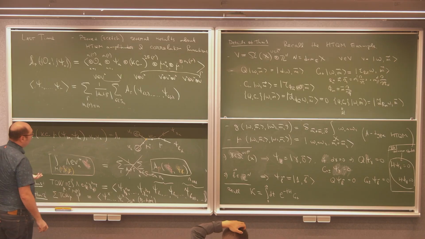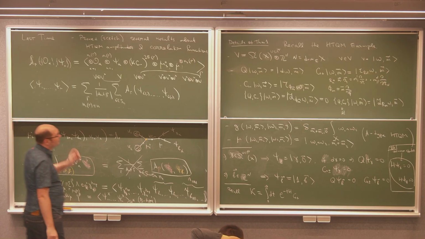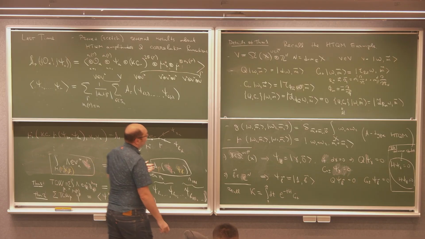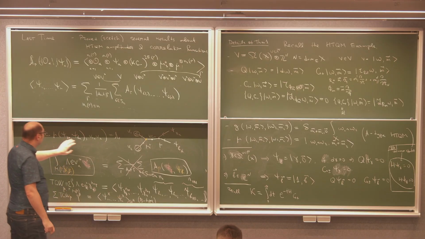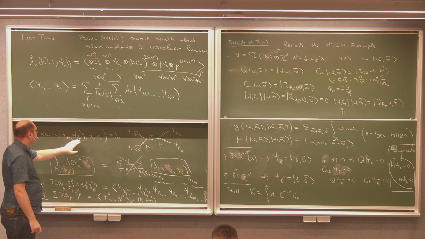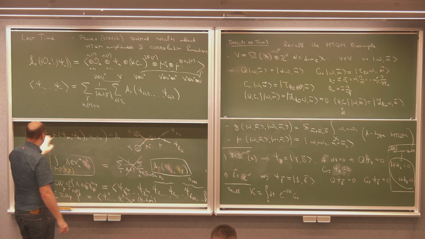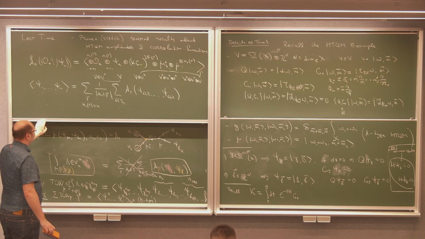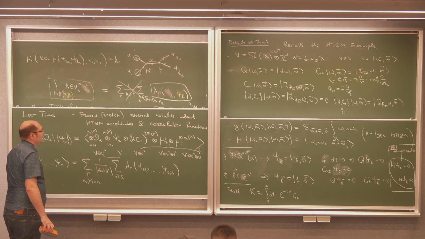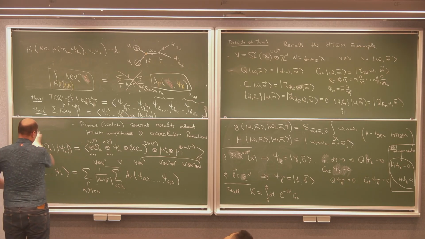Okay, so now let us use the explicit form. Now we have a very explicit HTQM, and we try to simplify this expression, this expression and mu3 0.